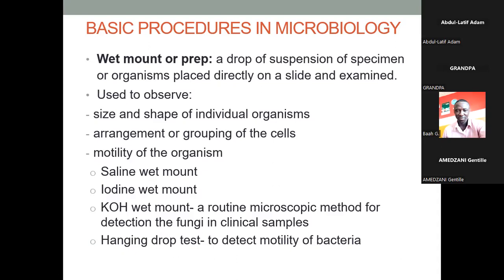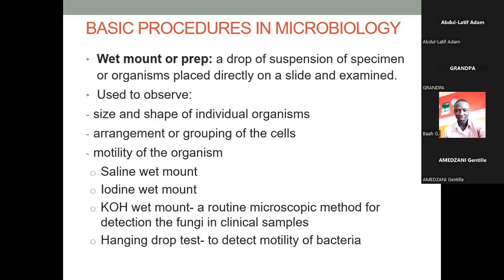And then, of course, you need the ordinary cover slip. So you need a depression slide and a cover slip. Now, you prepare your suspension. For every wet mount, there should be a suspension. You prepare your suspension and then place a drop of the suspension on the cover slip. The depression slide is somewhere else, but first you put a drop of your suspension on the middle of the cover slip.